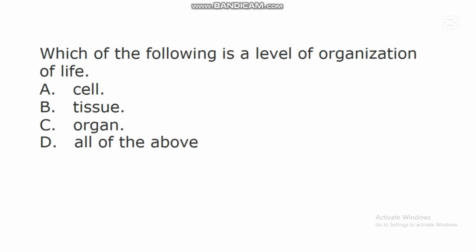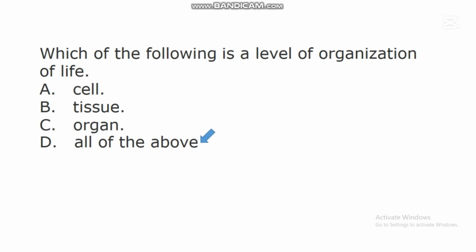The next question says, which of the following is a level of organization of life? A. Cell. B. Tissue. C. Organ. D. All of the above. In this question, the correct answer is D. All of the above.